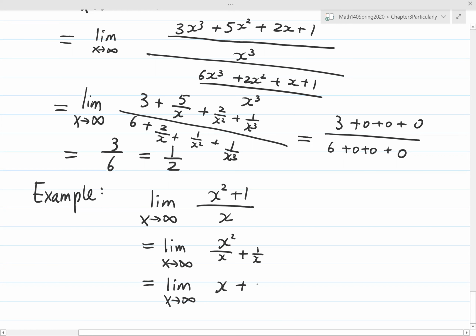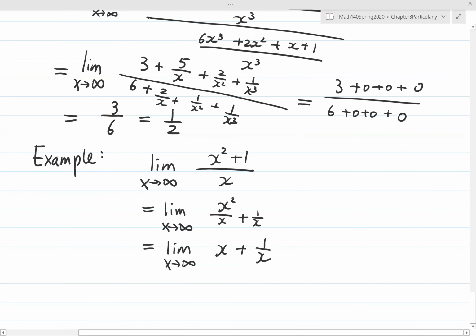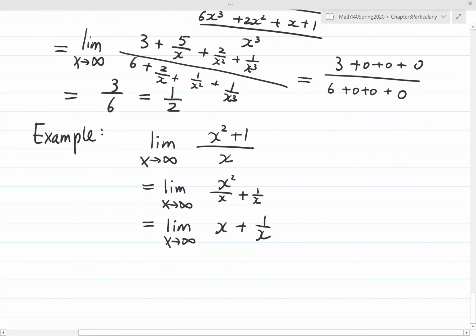As x becomes ultra large, we have the term x and the term 1 over x. 1 over x is bounded and approaches 0, but the term x approaches infinity. So this is actually infinity.